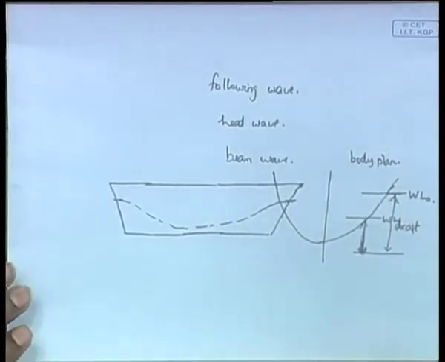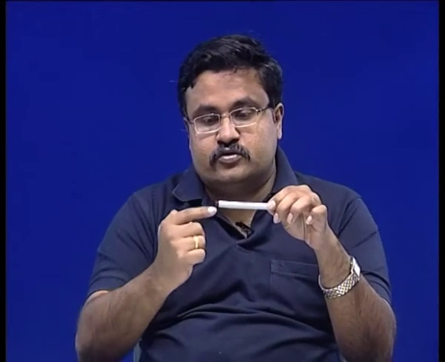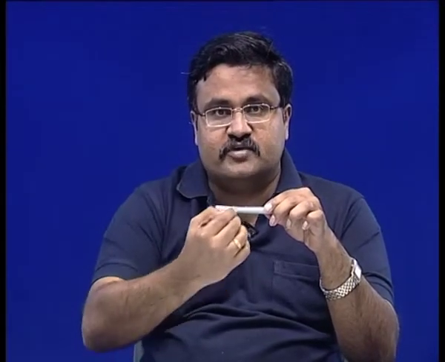If you look at the ship in the body plan, you will see that the shape of the ship keeps going like this, which means that as you go away from the keel towards the deck, as the draft keeps increasing, the breadth of the ship continuously keeps increasing.